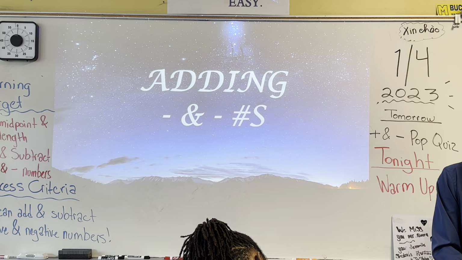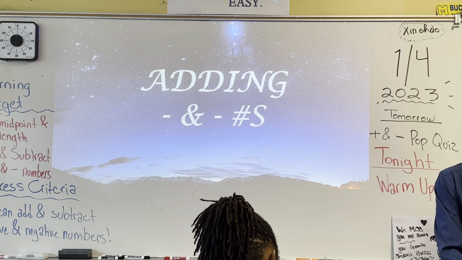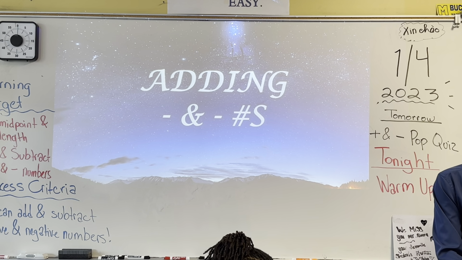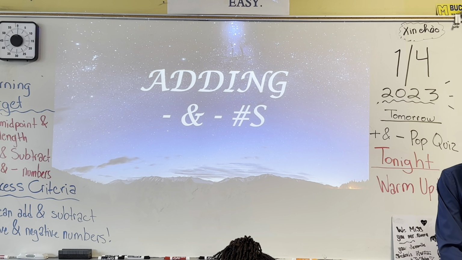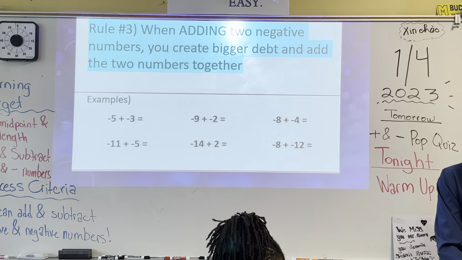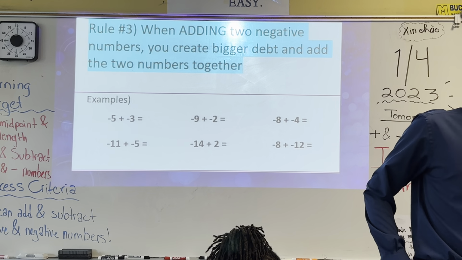The next category is adding negative and negative numbers. This time they're both negative. So copy down this rule. Rule number 3.